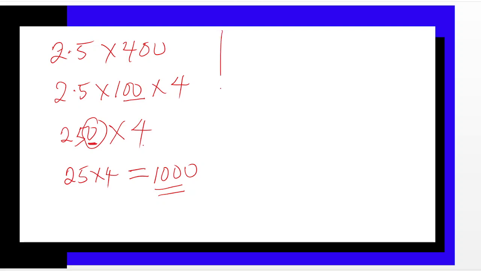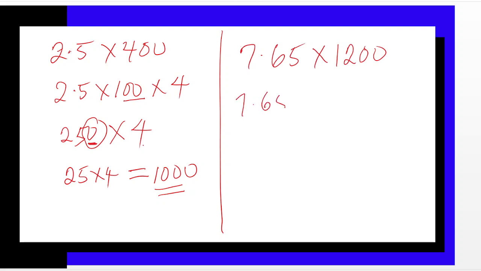So in a case you have multiples of 100 again, like you have 7.65 times 1200. This again is the same thing, you can have it to be 7.65 times 100, this is 2 zeros, times 12.